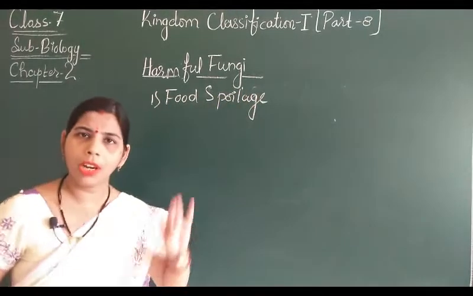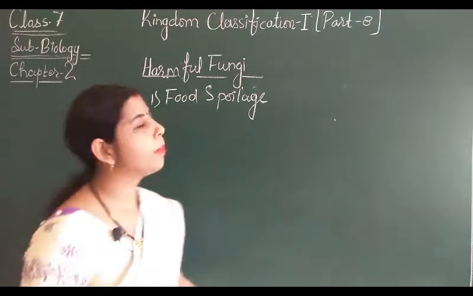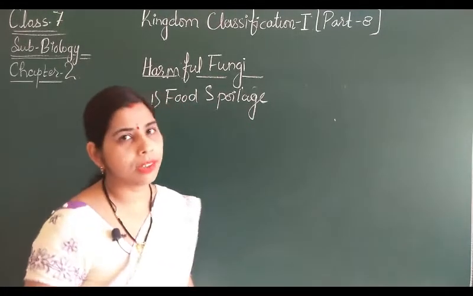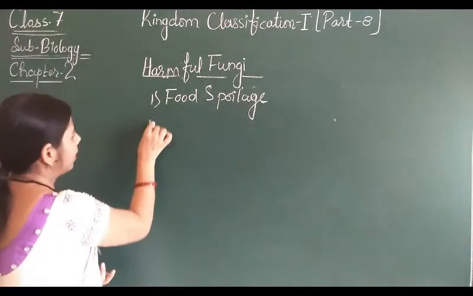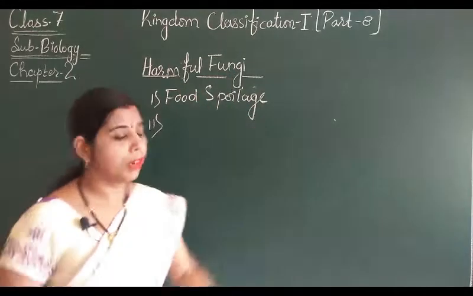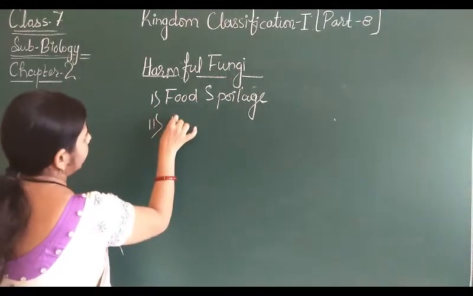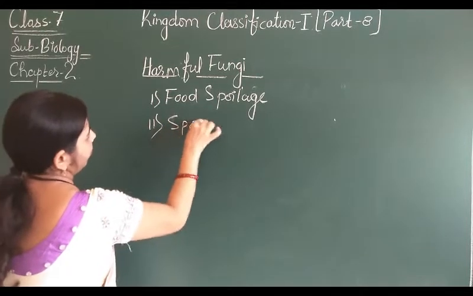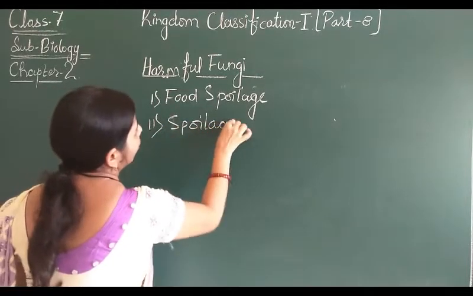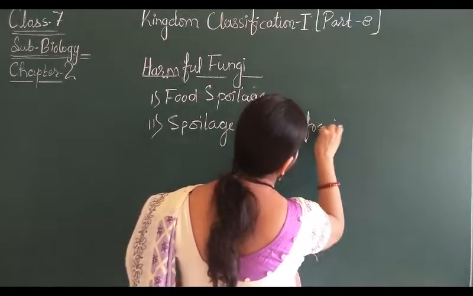They grow on our food and spoil that food, and if that food is consumed by us by mistake, it causes severe food poisoning. Another important way fungus harms is the spoilage of non-food products.